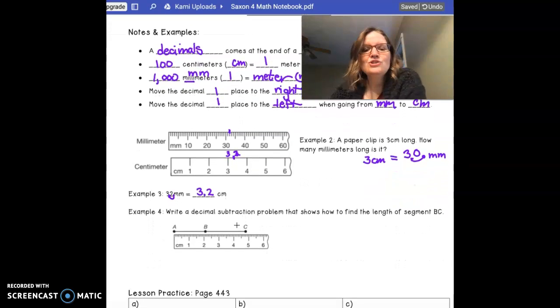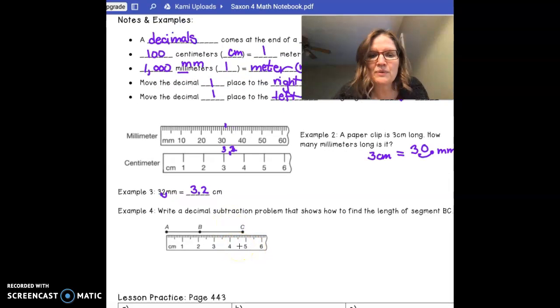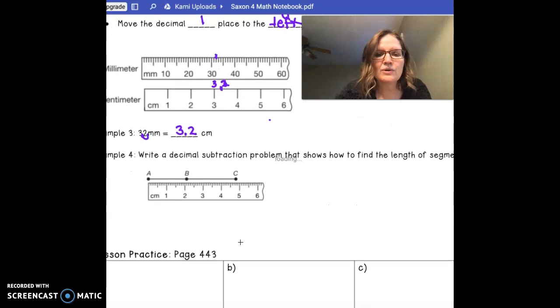Finally, they want you to write a decimal subtraction problem that shows how to find the length of segment BC. Let's first look at what we have. We have 2 centimeters and we don't have quite up to 5 centimeters. Because we want to write a problem on this, we need to first understand what we're looking at. We're going to go up closer.